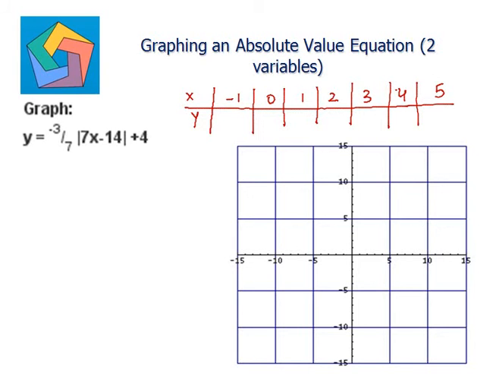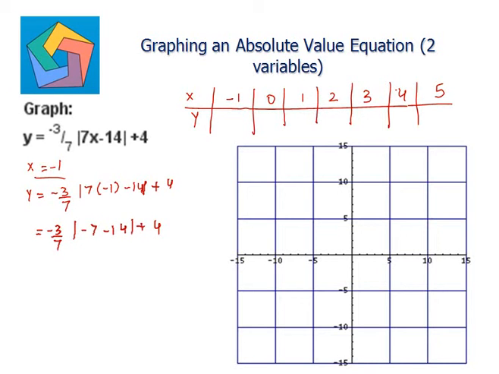So let's find it for negative 1. Y is equal to negative 3 by 7, absolute value of 7 times minus 1 minus 14, plus 4. This is equal to negative 3 by 7 times the absolute value of minus 7 minus 14, plus 4.